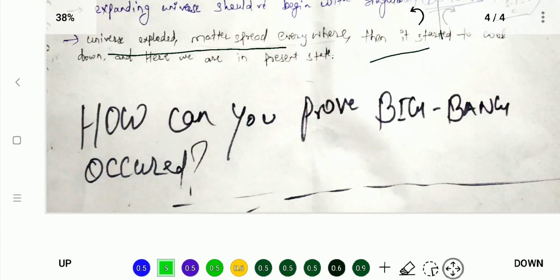I will answer this question in the next video, but I will give you a hint: the microwave radiation which I told you about is part of that explosion. So research what that microwave radiation is. The current temperature of the universe is about 3 degrees Kelvin, maybe a bit lower, 2.7 degrees Kelvin, because of that microwave radiation.